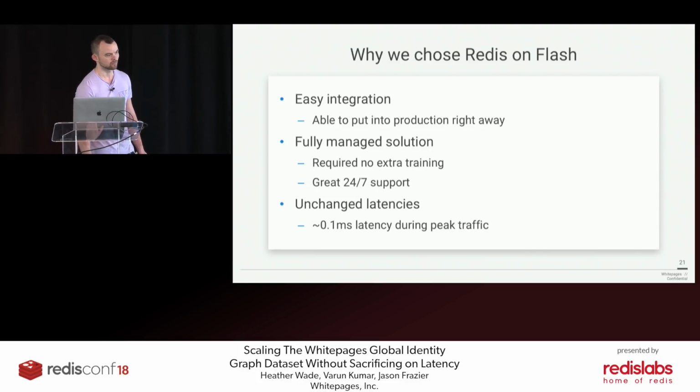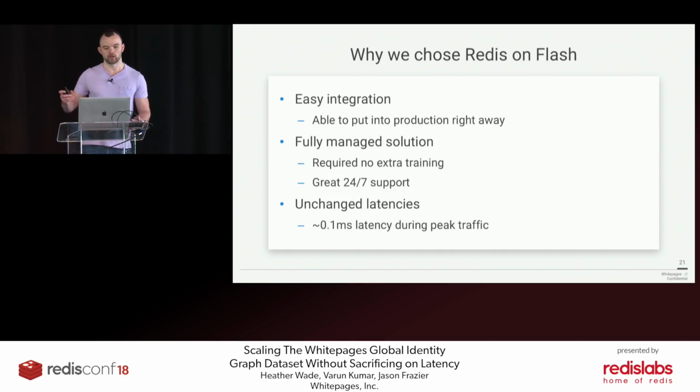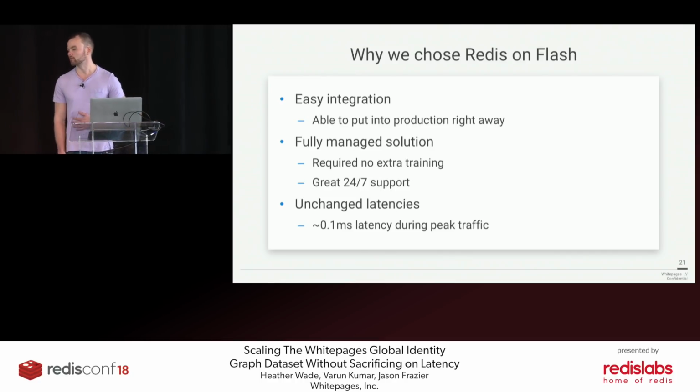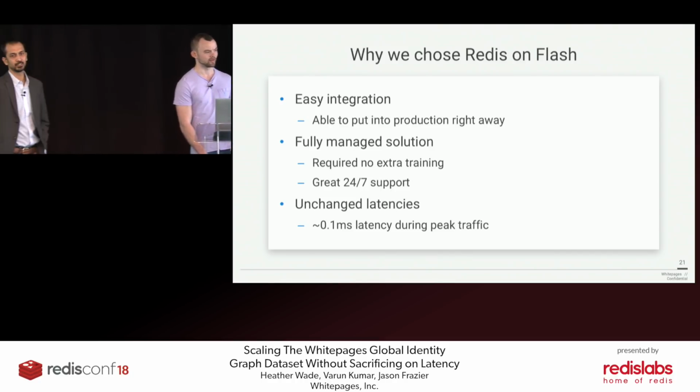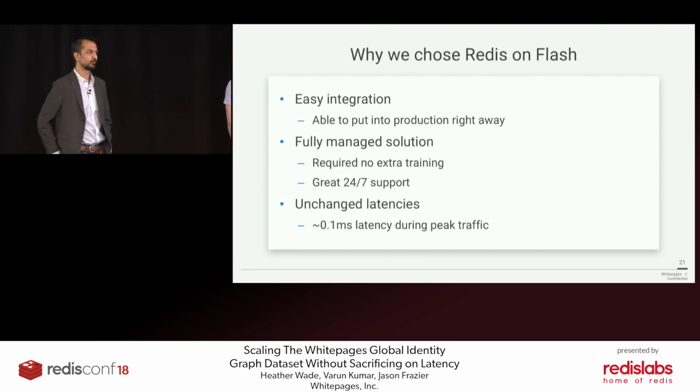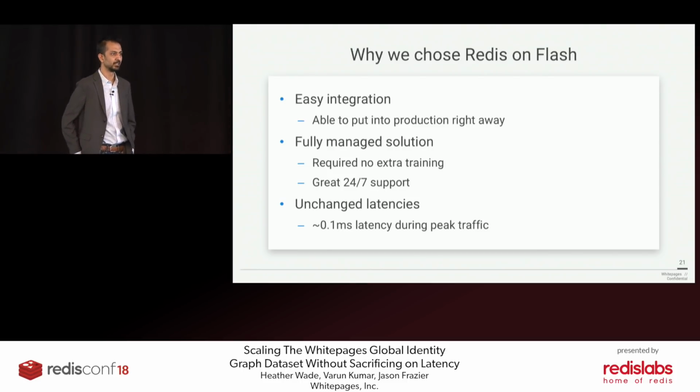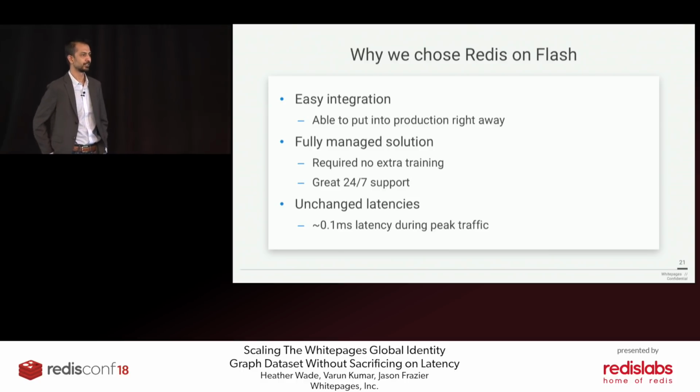Most articles say this is much, much slower than using it on RAM. What have you guys noticed in your tests? So Varun's actually going to talk about this in a little bit. I'll be covering that, and it's a very good question. That's the reason we were mostly interested and skeptical in the beginning, and we'll have some key learnings that address your question.